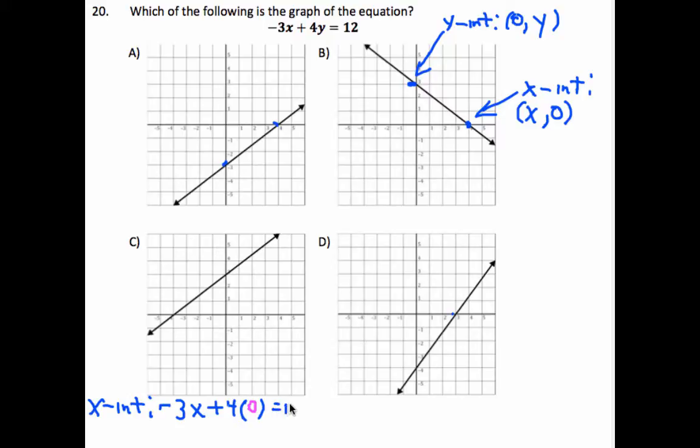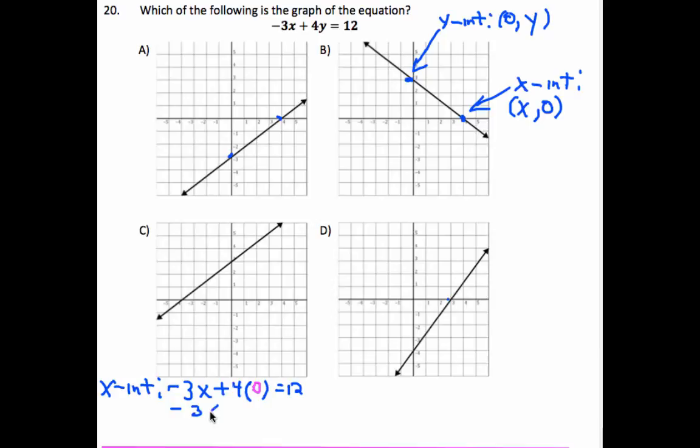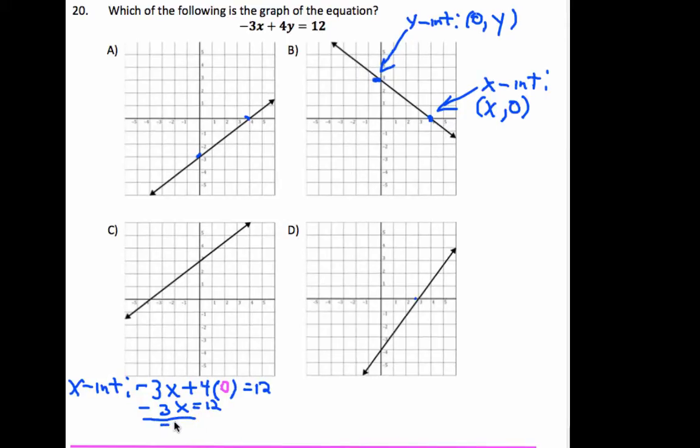That equals 12. So 4 times 0 is 0, so you're left with negative 3x equals 12. And dividing both sides by negative 3, we see the result is negative 4.